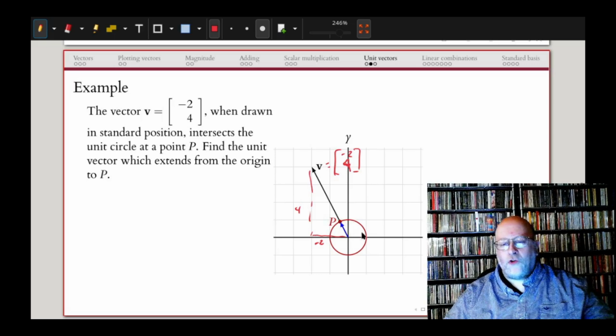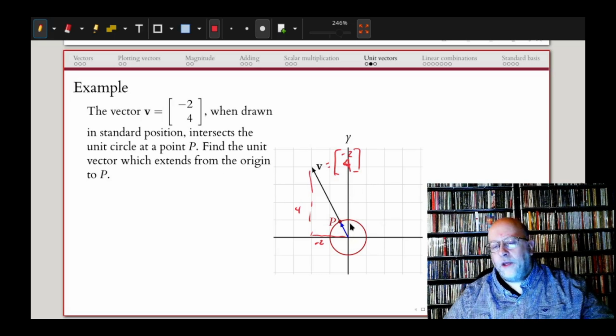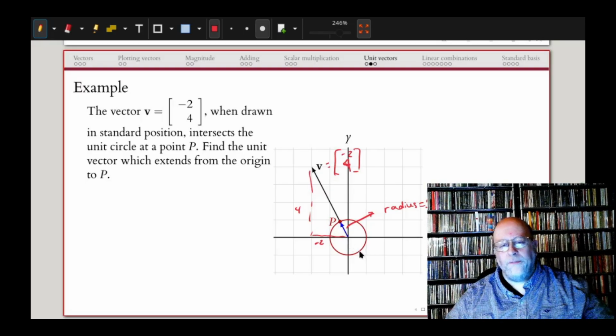And that vector crosses the unit circle at a point P. The unit circle has a radius of 1. And so point P is only 1 unit away from the origin. And we would like to find the vector that goes from the origin to point P. We would like to find the coordinates of this little vector here.